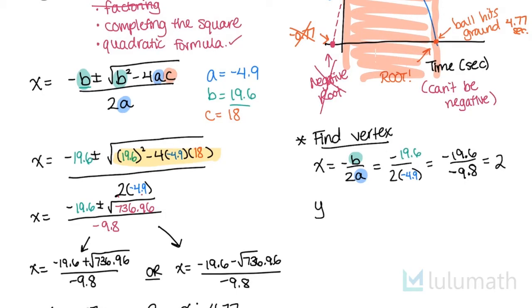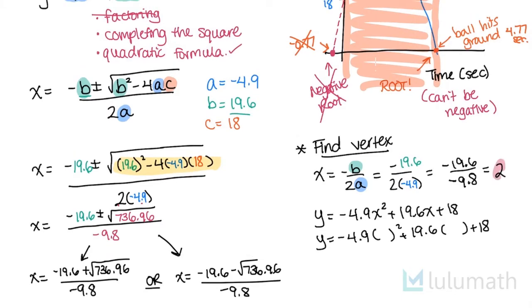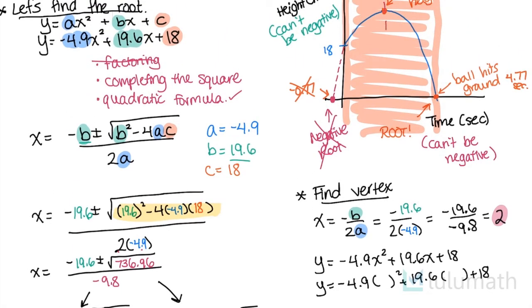Now, because our equation is y equals negative 4.9x squared plus 19.6x plus 18, I need to determine what the corresponding y value is. Every time I see an x, I'm going to replace it with this 2 that we got when we found our axis of symmetry.